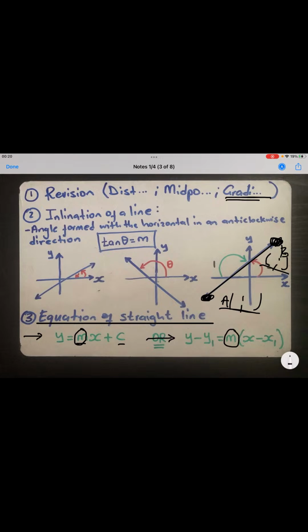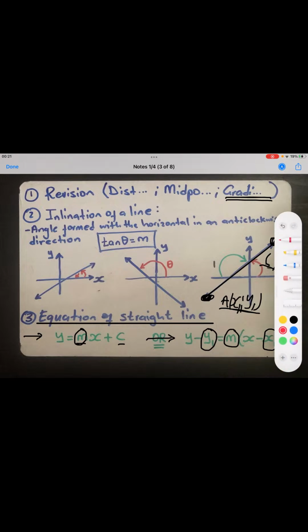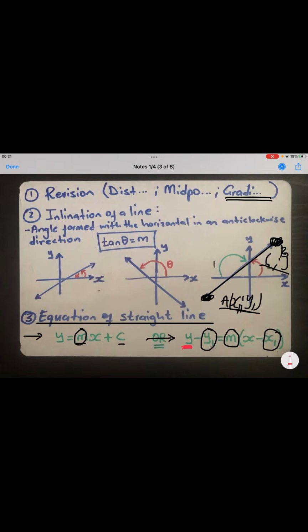So here where it says y1, that's when you can substitute y of point A. And then here, this is where you can substitute the x of point A. Then you just make y the subject of the formula, and you are going to have an equation in that format of y equals mx plus c.